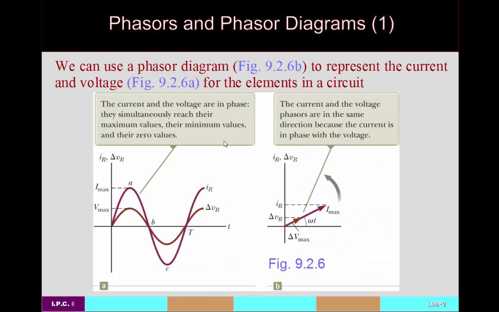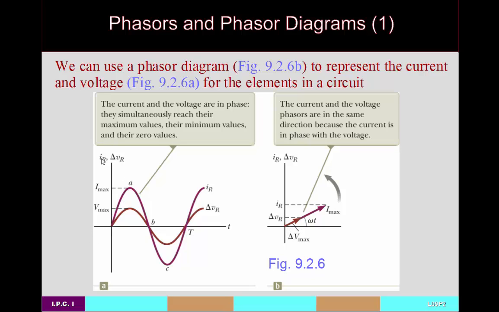At this point, I want to introduce a new concept called a phasor. A phasor is basically a diagram which you can use to represent both current and voltage for any given element within a circuit. This right here shows what the phasor might look like for a resistor in an AC circuit.